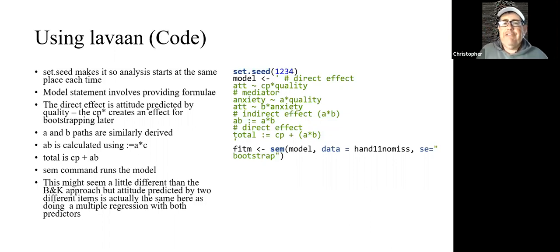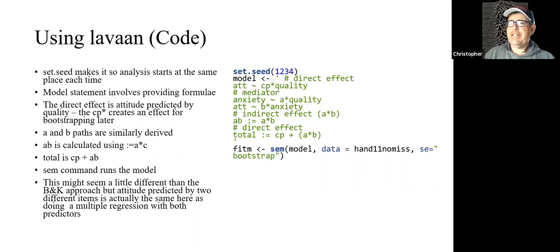For the direct effect, we're predicting attitude from quality. I've noted here CP. I'm actually labeling each of these effects. Attitude from quality is going to be my direct effect.